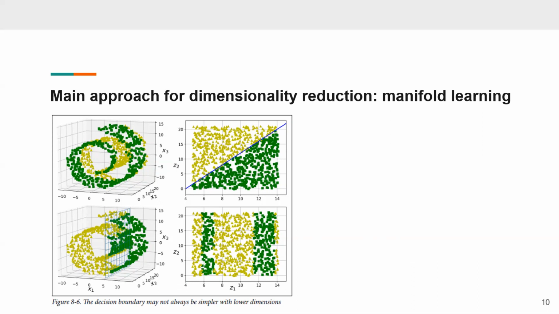So the conclusion from this chart is that sometimes reducing the dimension or unrolling the original manifold can help you, which is the top two graphs. But in other scenarios, it's not going to help you, which shows on the bottom two charts. So you might be better off just staying with the original dimension.